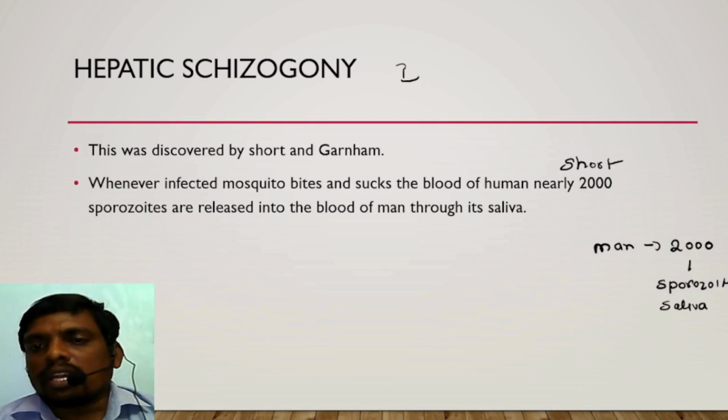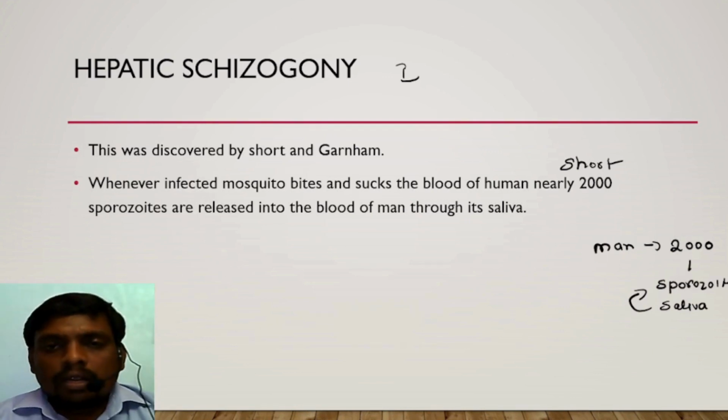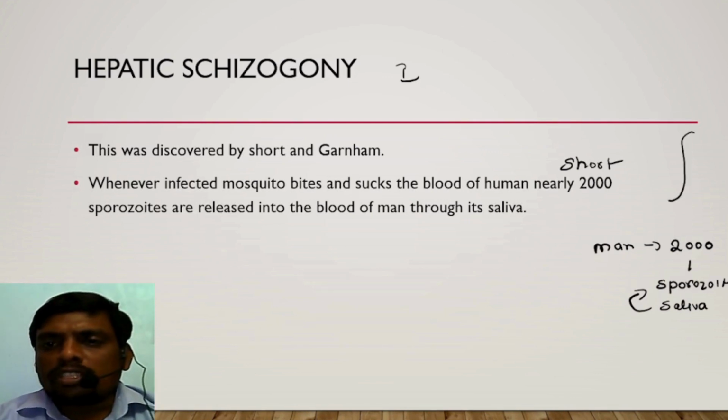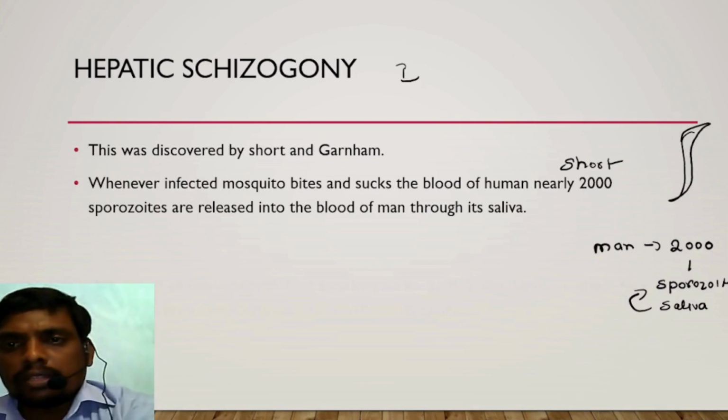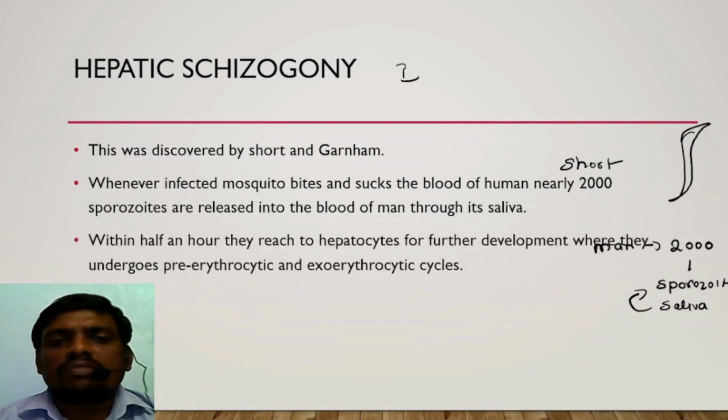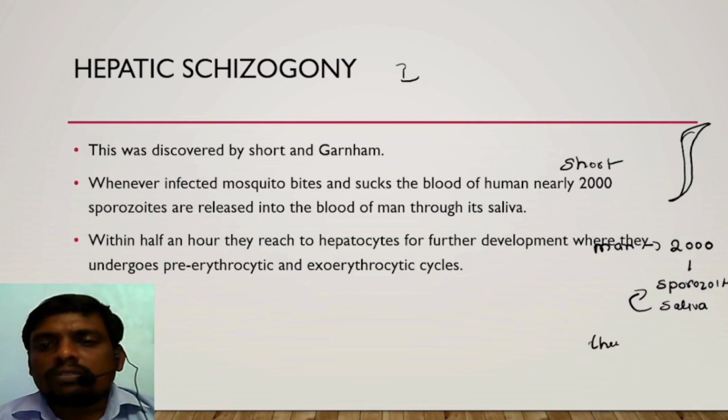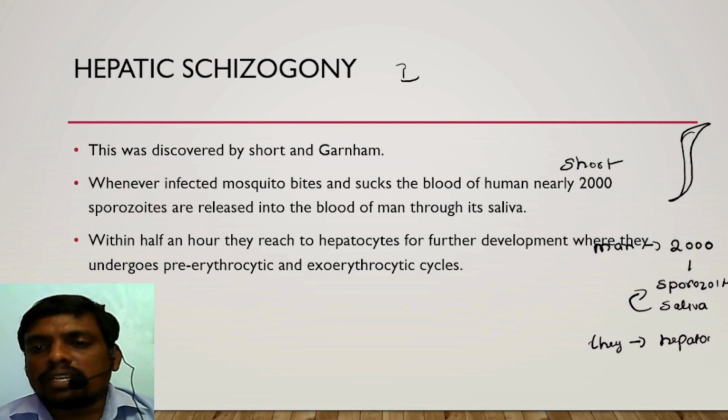Through the mosquito saliva, these sporozoites enter the man. You know very well about the sporozoites; in the previous video we have seen the structure of the sporozoite. Within half an hour, these 2000 sporozoites reach the hepatocytes, nothing but the liver cells.